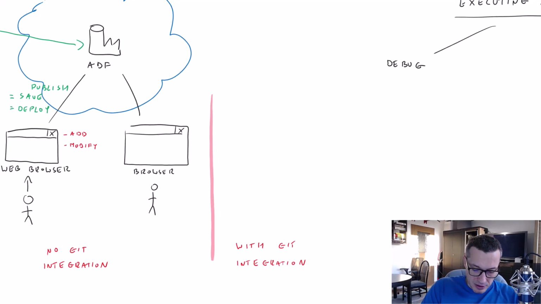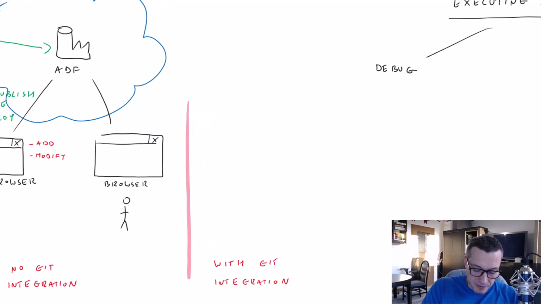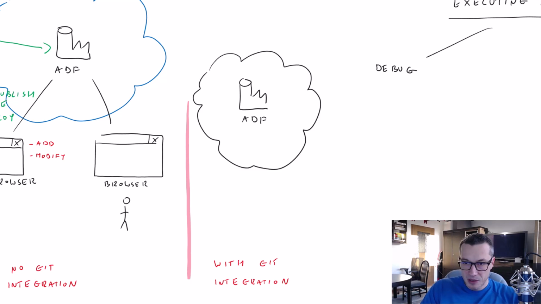So again, we would have a data factory deployed in a cloud, and apart from that, we would have a code repository set up. Let's say we've got Git. So the icon is something like this. So we've got a code repository. For example, you might use Azure DevOps.